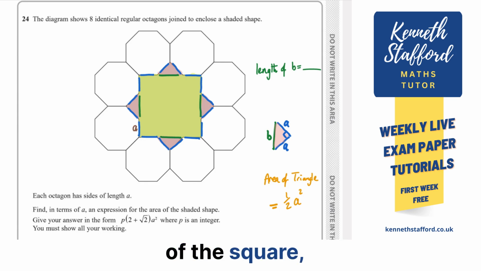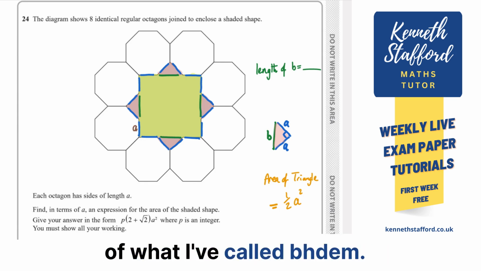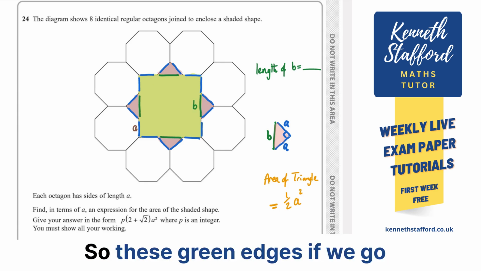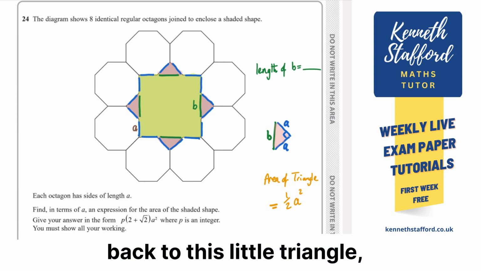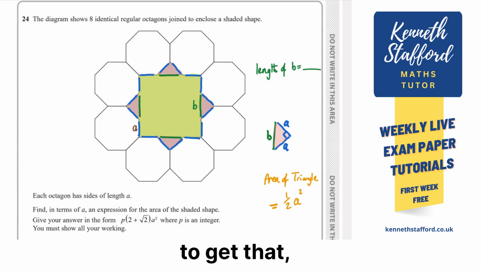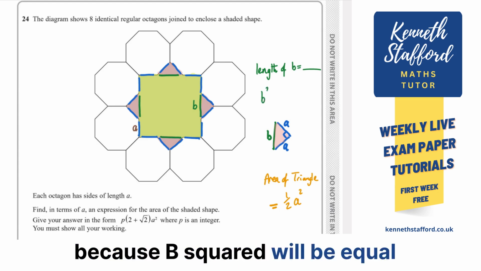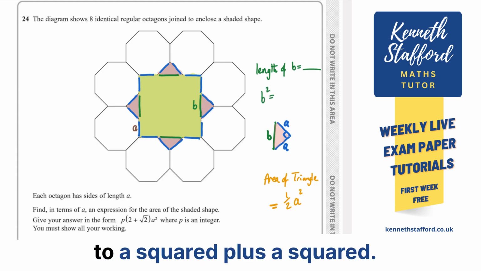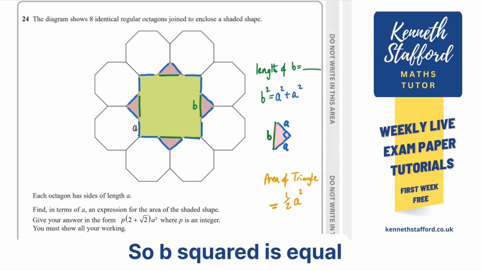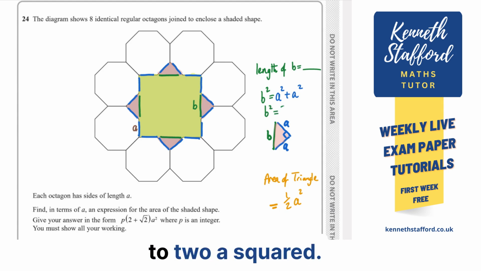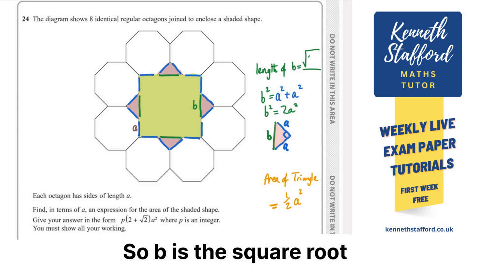To work out the area of the square, we need to work out the length of what I've called B. So these green edges. If we go back to this little triangle, we can use Pythagoras to get that, because B squared will be equal to A squared plus A squared. So B squared is equal to 2A squared. So B is the square root of 2A squared.